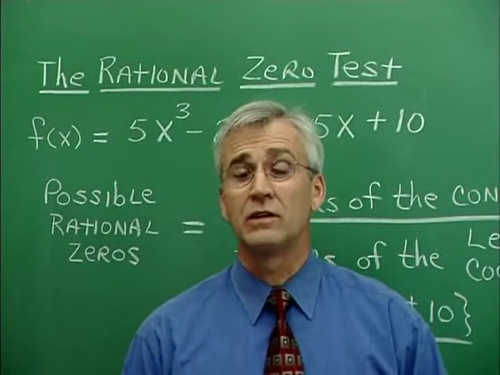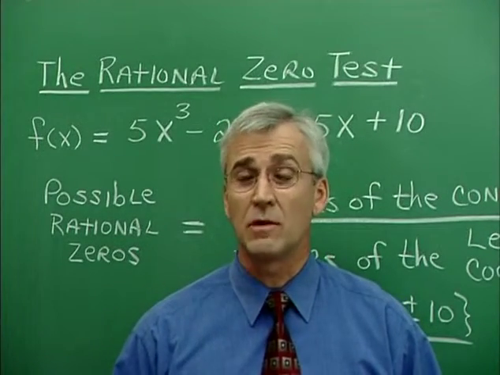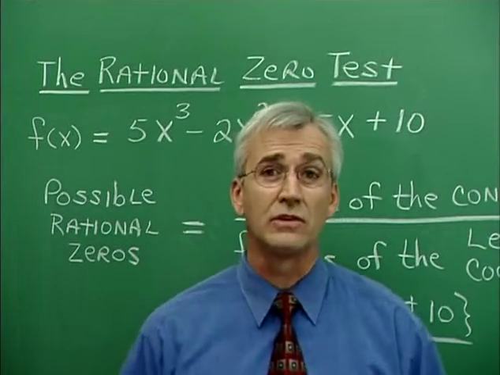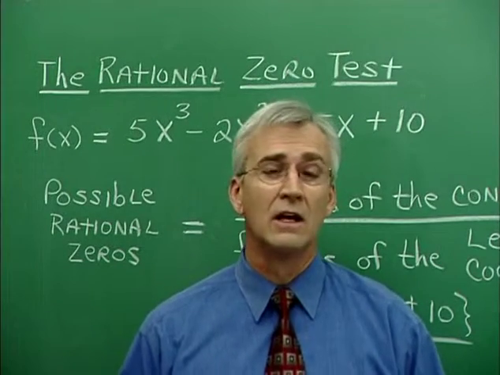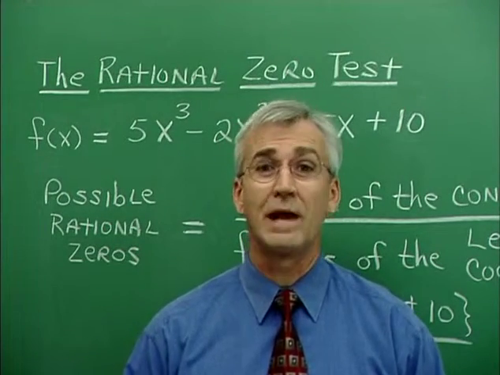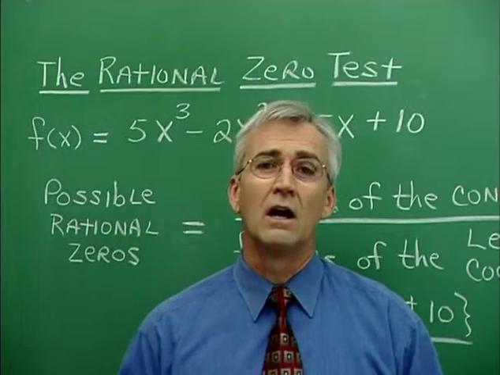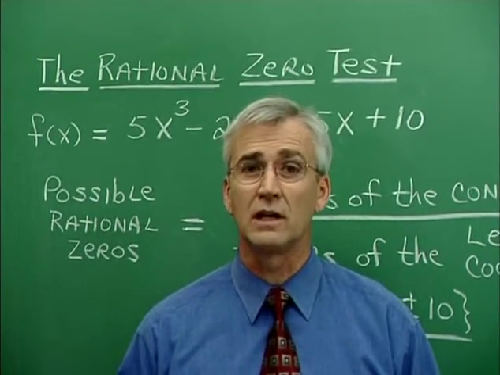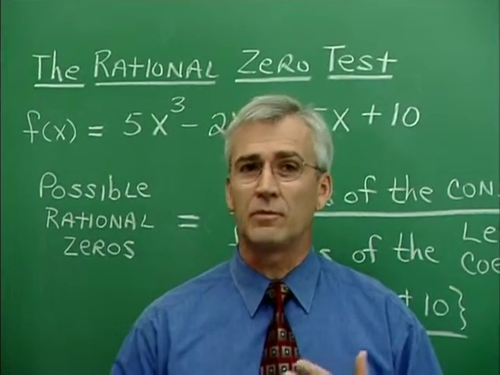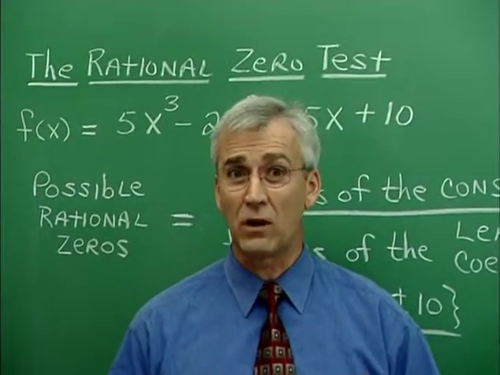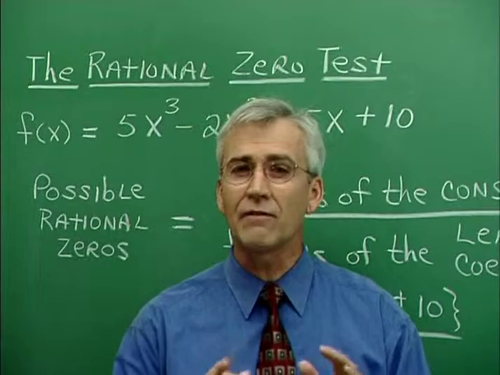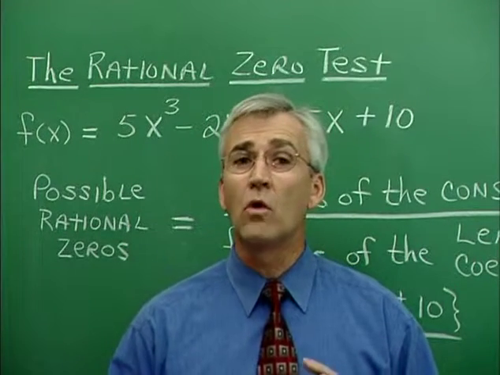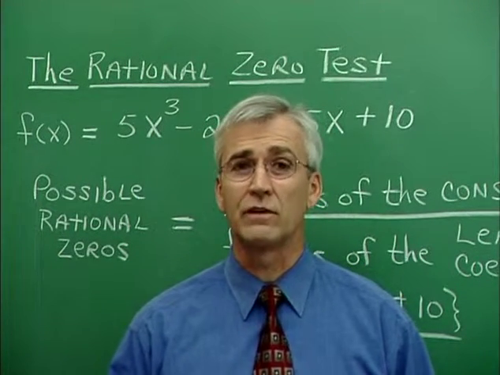In our investigation of polynomial functions, we make some observations and some calculations. We made observations like the leading coefficient test, and we make some calculations like our synthetic division to identify zeros and factors and whatnot. Well, we're going to go through a couple more observations and calculations here in an effort to be able to handle more and more complicated polynomial functions.